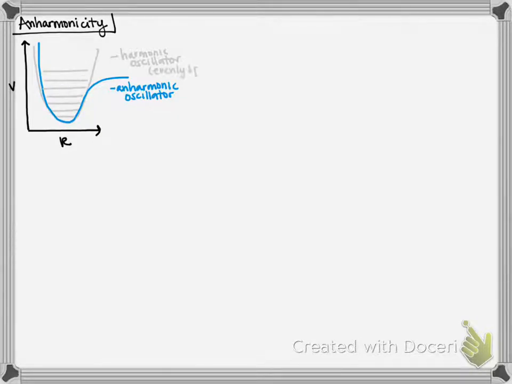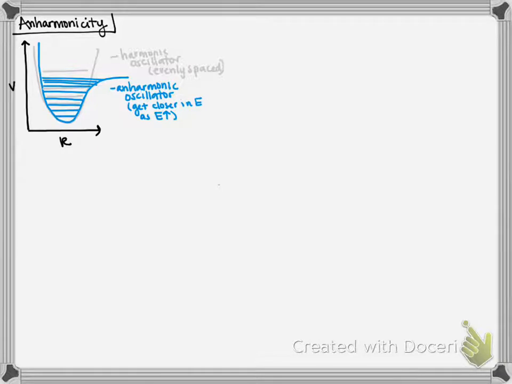So another thing we can talk about here is the spacing of our vibrational energy levels. When we think about the harmonic oscillator, remember, those energy levels were perfectly and evenly spaced all the way up the parabola. But that's not going to be true for our anharmonic oscillator. It turns out that for our anharmonic oscillator, they start out the same, but then the energy levels get closer and closer together as they get higher in energy.